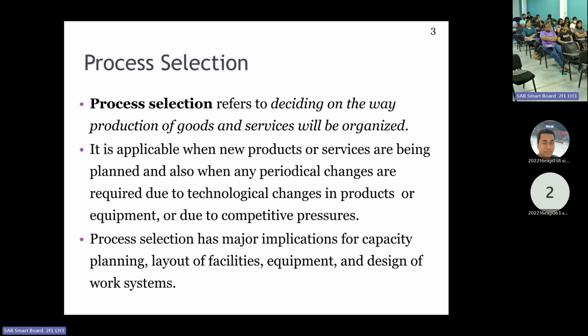Any such thing we can consider as a process. Even to make a cup of tea, we follow a set of steps. We follow a process. To wash a garment, we follow step by step a series of activities. That itself is a process.